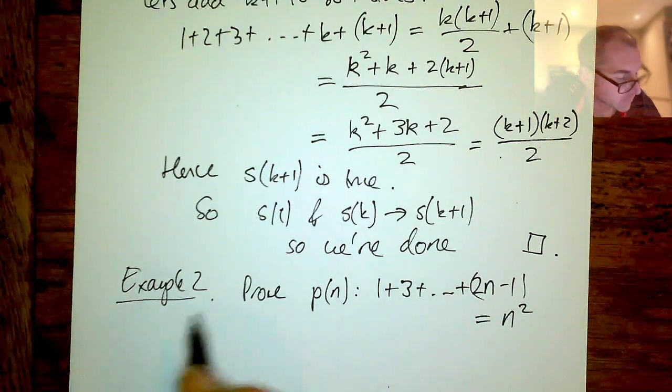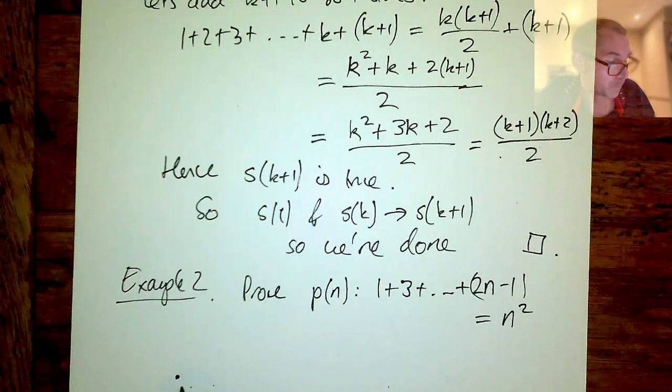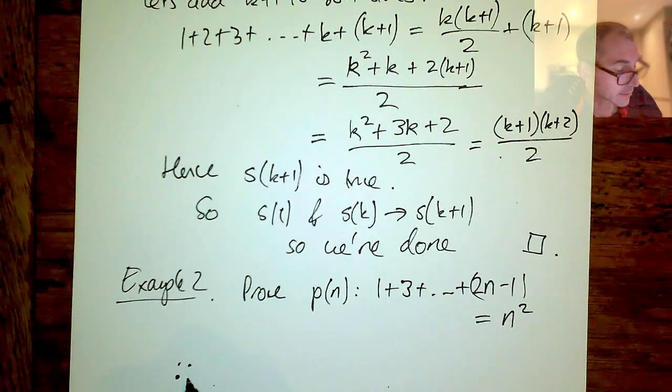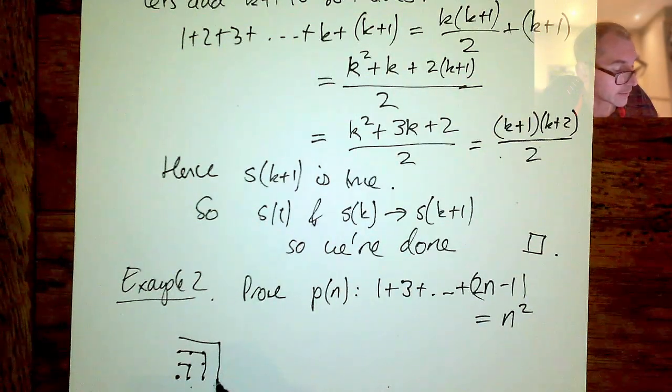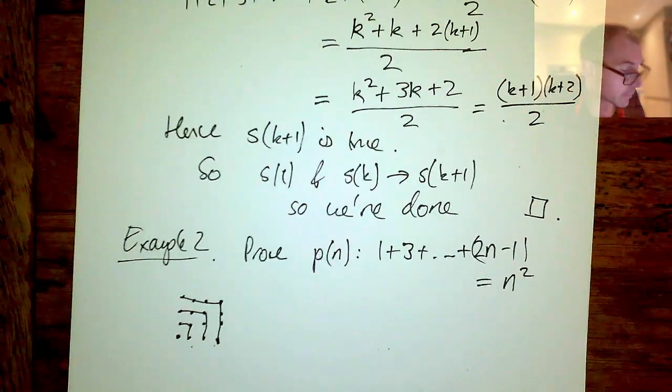It's actually easy to sort of see why this is true if you think about it, because if you start with one odd, the first odd number is 1, and then you add the next odd number, that's 3, and then you add the next odd number, that's 5, you can see that you are going to get a square in each case. So kind of easy to see it from that, but we're actually going to prove it by induction.